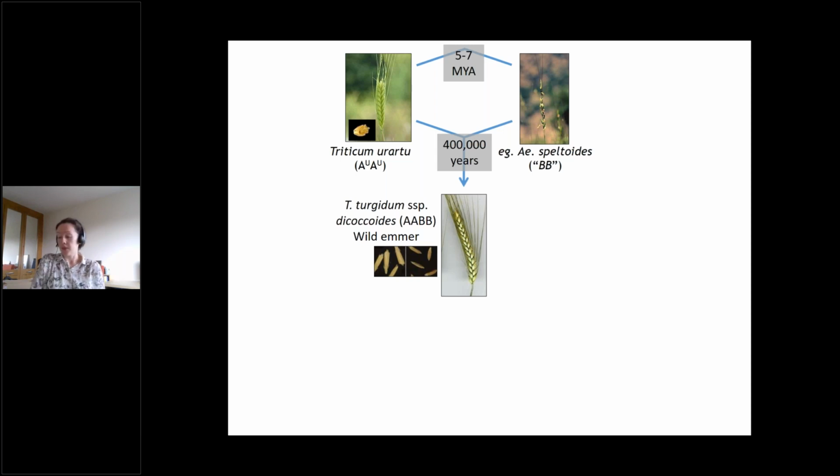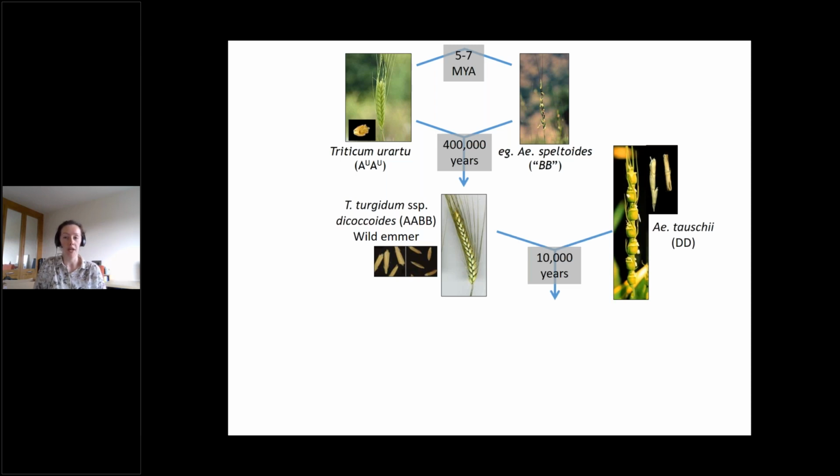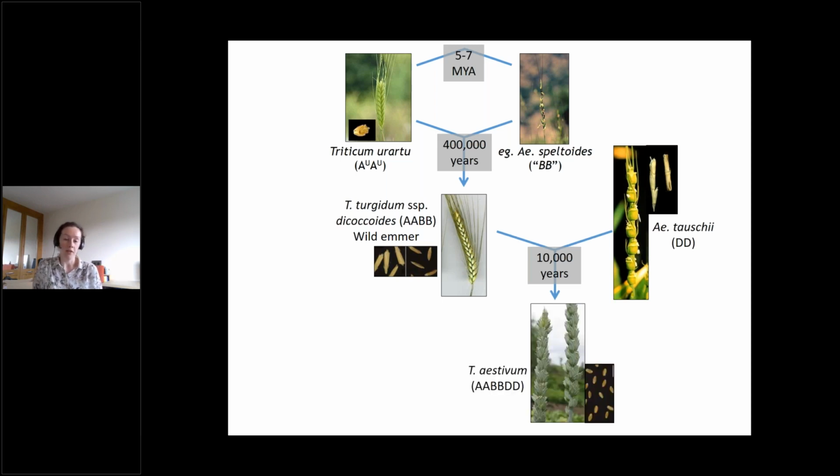And this wild emmer underwent a second hybridization event with the D genome progenitor Aegilops tauschii about 10,000 years ago to form hexaploid wheat, hexaploid bread wheat that's grown around the world today and is 95% of the wheat crop that's grown, the other 5% being tetraploid wheat. But I'll be focusing on hexaploid wheat today.